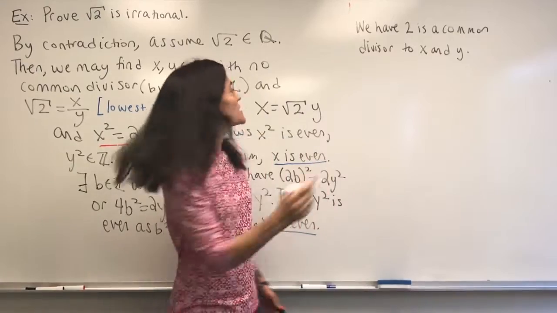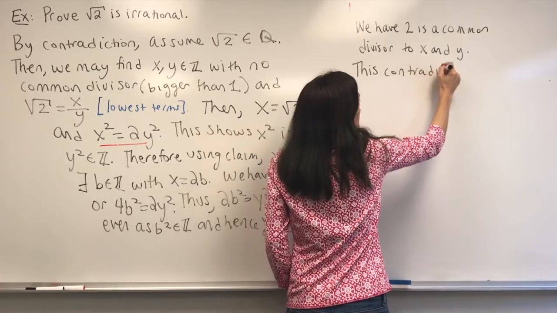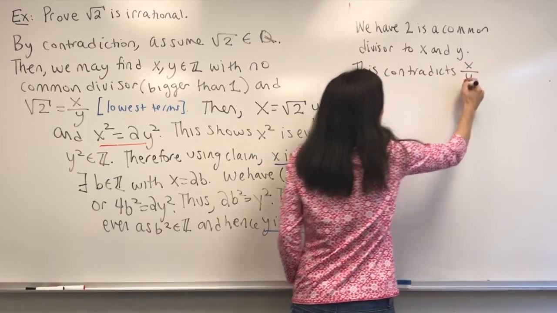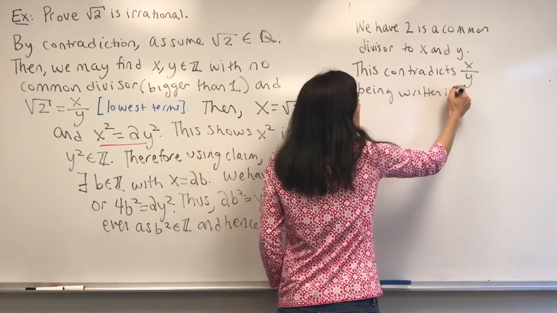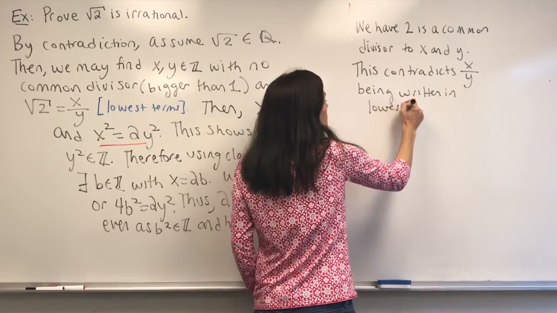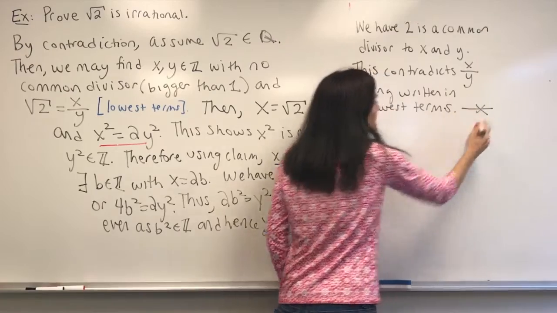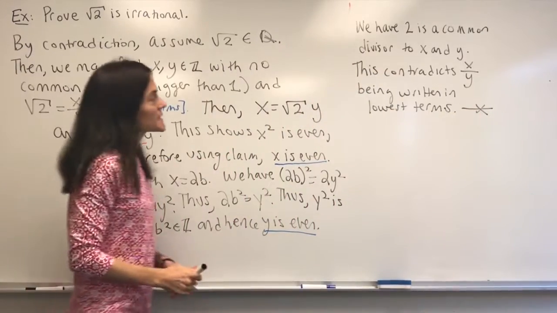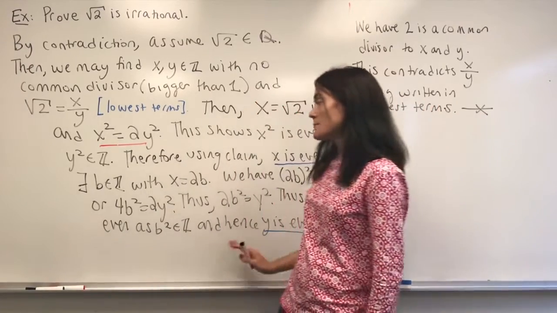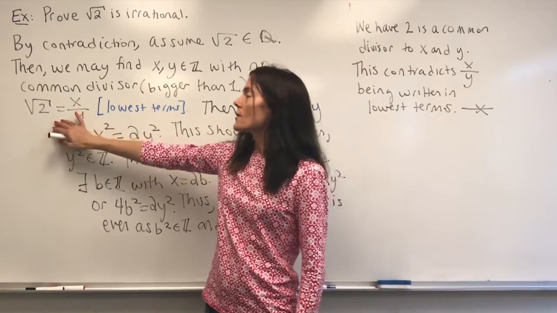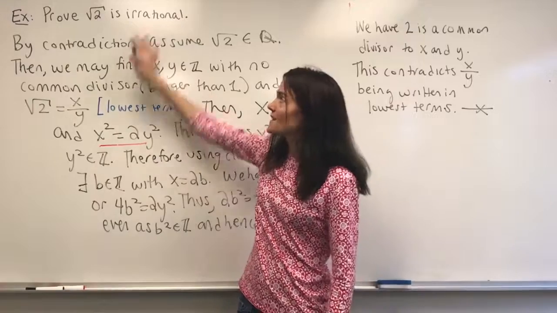And this is our contradiction. We found our contradiction, okay? We had a common factor of both x and y. They're both even by this argument. And therefore, we can conclude the square root of 2 is not an element of Q, or in particular, it is irrational.